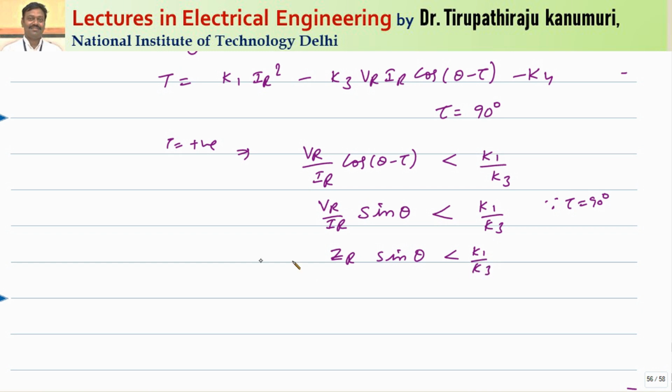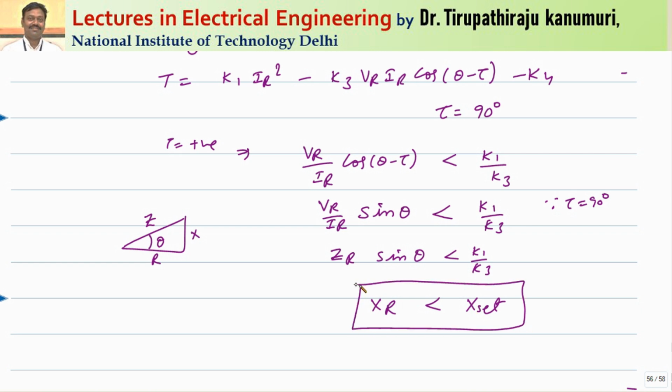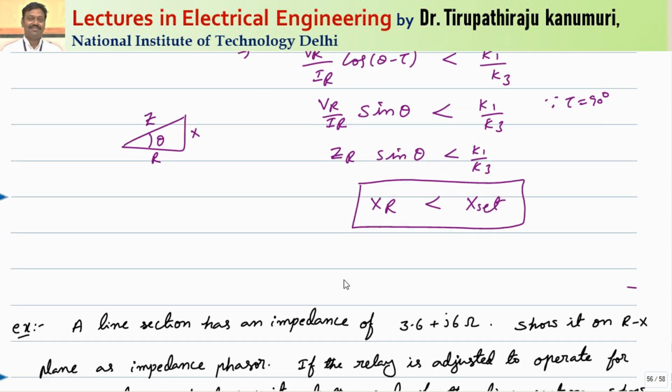If you take the impedance triangle, this is my value of R, this is X and this is Z, and this angle is equal to theta. So sin theta will be equal to X divided by Z. Z will cancel, so X will come. From this we can tell that XR is less than the value of X set, then your reactance relay will operate. This is what we have seen for the reactance relay.